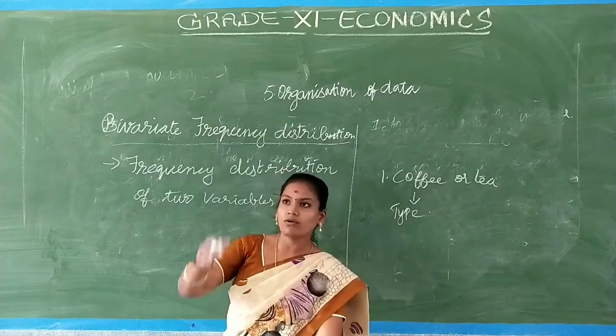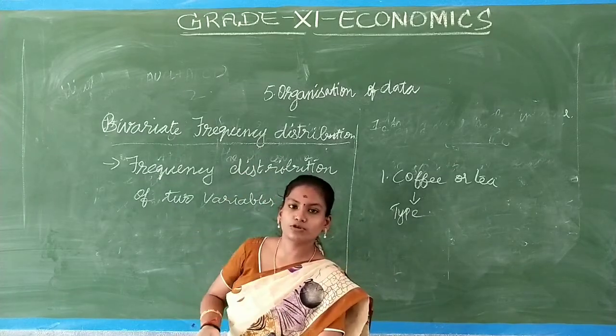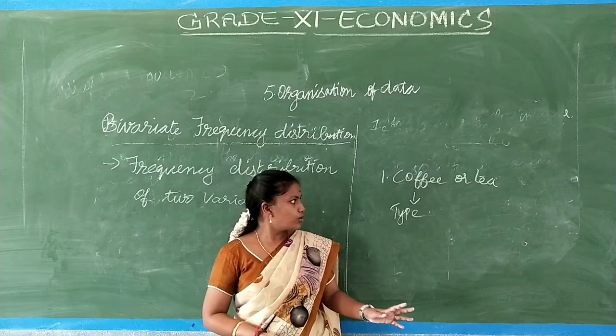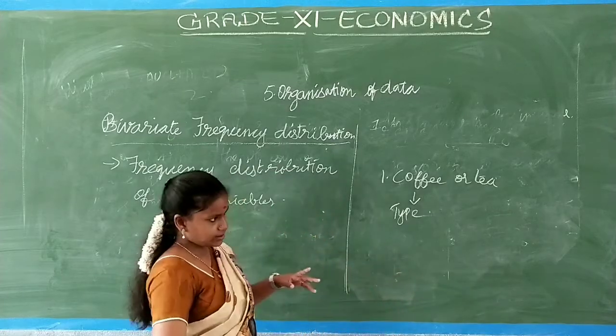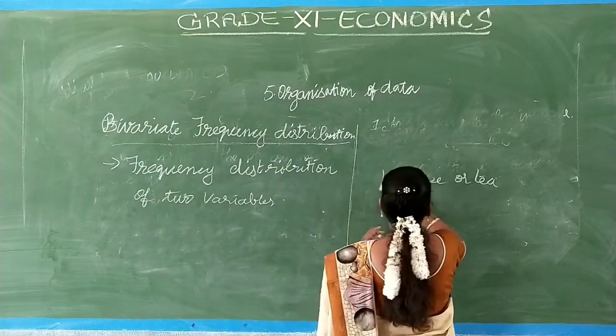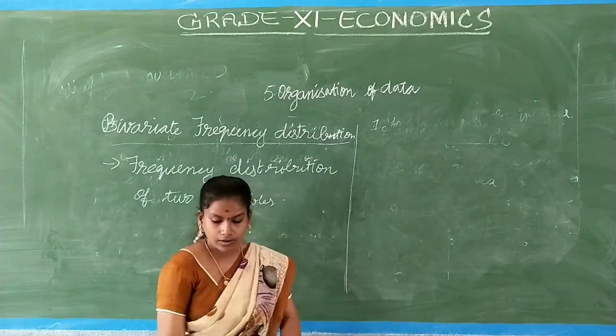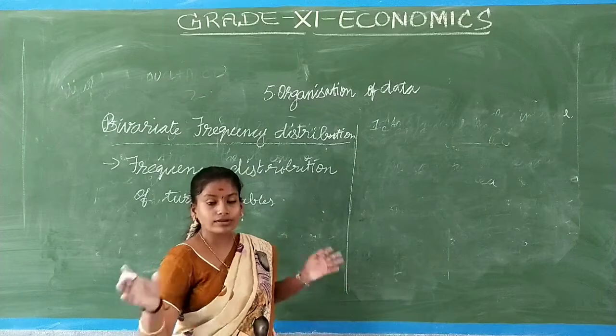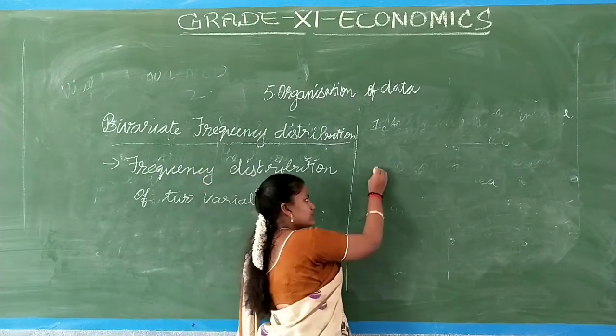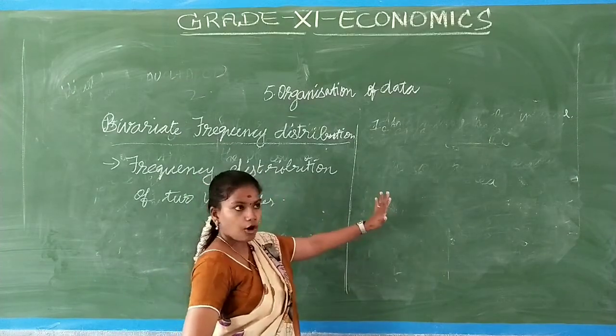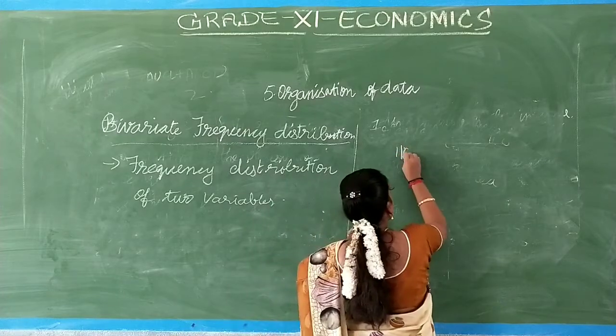So they have given you a table, and this frequency distribution looks different. How does it look different? Like your x-axis and y-axis markings, the choices of both are talked about here. So on one side they have the sales, on top they have given the advertising expenditure.